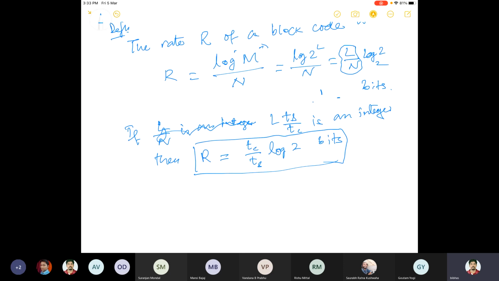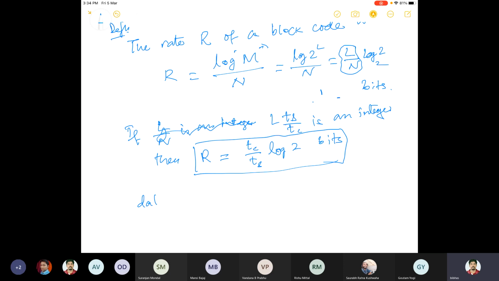So what does it mean? Sometimes communication engineers talk about the rate of your channel, the data rate. This is a popular term for engineers.